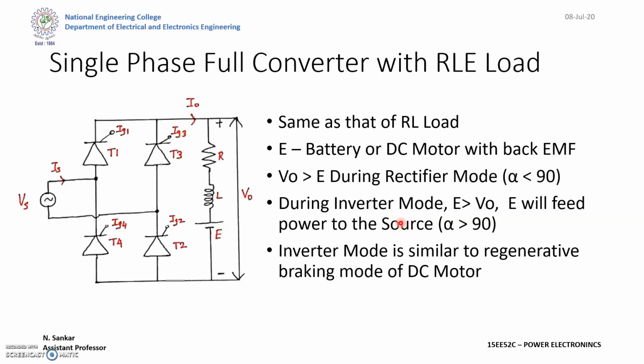Coming to RLE load, this is similar to RL load, but the only difference is that we are adding another element E, which is a voltage source or a battery, or you can simply take it as a DC motor with back EMF of E. The only condition is that during the rectifier mode of operation, that is firing angle alpha less than 90 degrees, your output voltage V0 should be greater than the EMF voltage E. For the inverter mode of operation, that is firing angle greater than 90 degrees, E will be greater than V0.